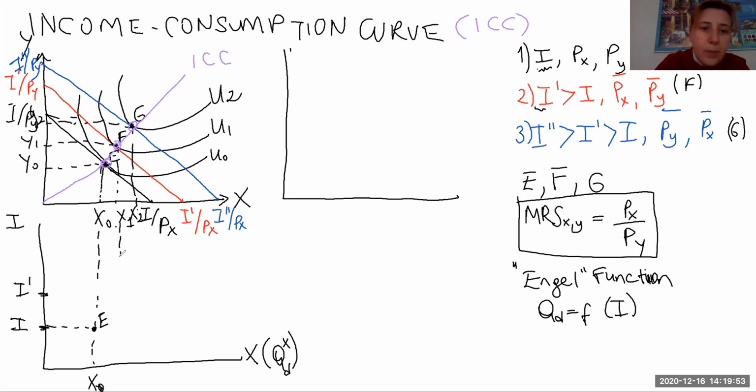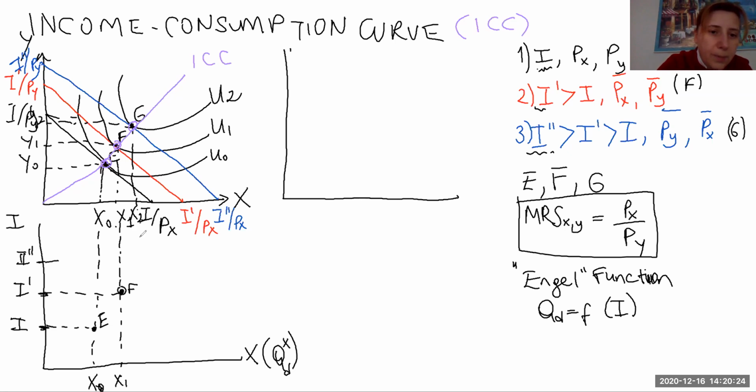So the quantity demanded for good x in that case will be x1 for this income level. So the second couple of income and quantity demanded will be located here at point F, the reflection of this point F. And finally, we assume that the income has increased once more, I2 prime. Suppose that I2 prime is located here.